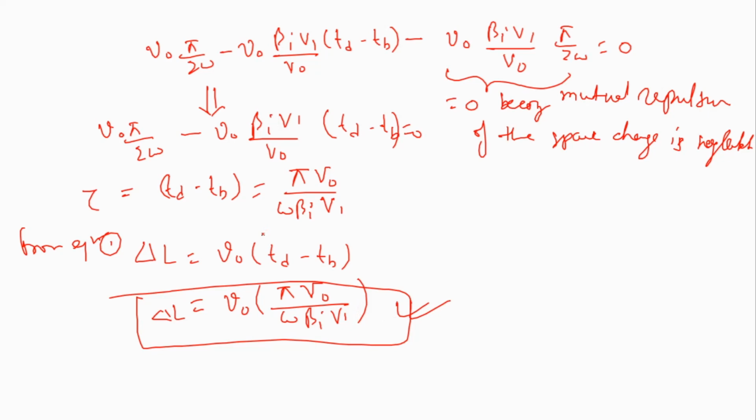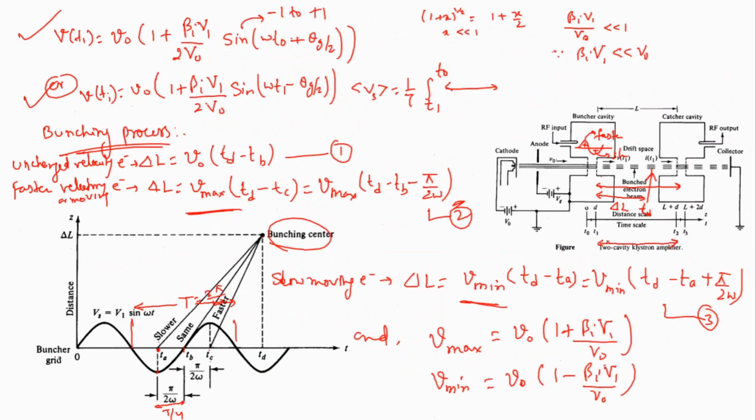Okay, so now we will try to find what should be the spacing between the buncher and catcher cavity. Now we will find the transit time for an electron to travel a distance of delta L. So your T value should be T2 minus T1. You can see in this figure the electron will travel into the drift space, this distance, which is nothing but L. That is T2 minus T1, the time taken by the carrier to travel this distance.